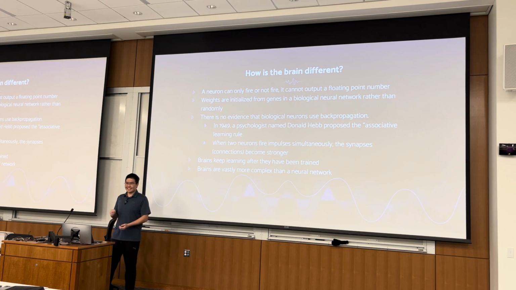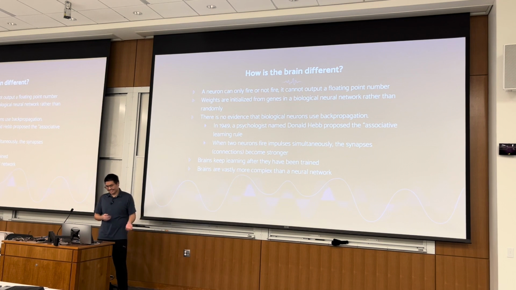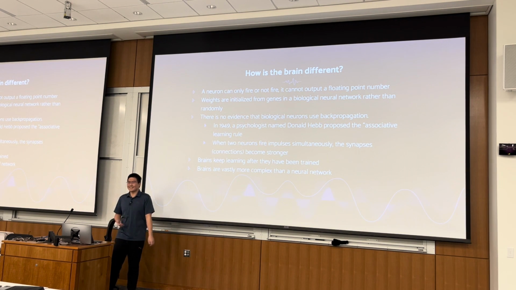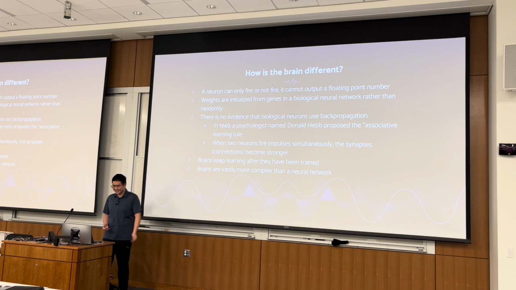But in a computer, right, once you've deployed your neural network, you don't really train it again. Well, people are working on learning after training, but that's not what you would do most times. And also, brains are just vastly more complex than neural networks, at least for now.